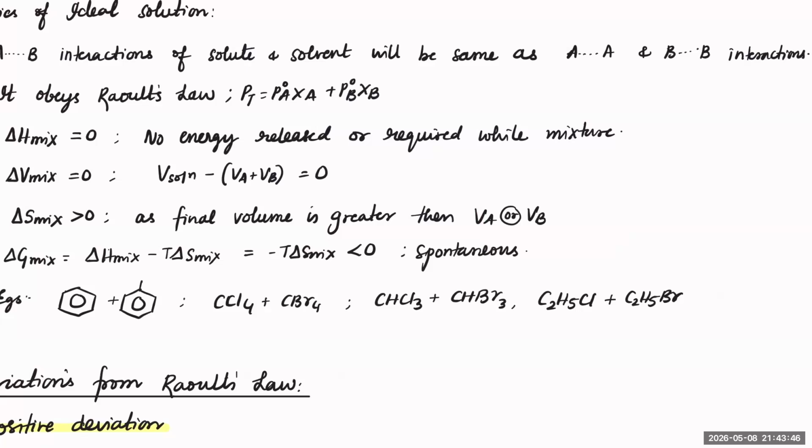Since they have more space to move around, the delta S of mixing, that is the total entropy change, is always increasing. As the overall volume is greater, the particles of A as well as B in the liquid state both will increase their entropy.